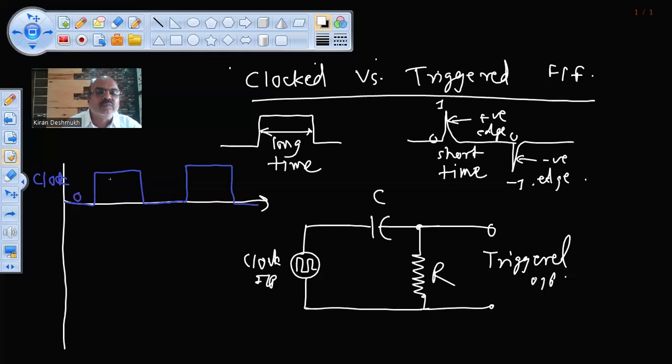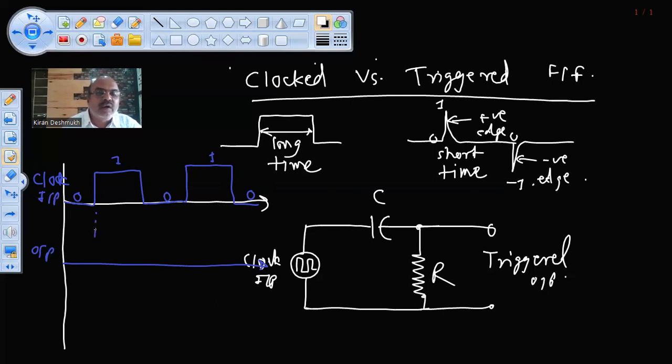Clock is going from 0 to 1, 1 to 0, 0 to 1, 1 to 0 like that. If you look at the output, this is clock input, and this is the triggered output.